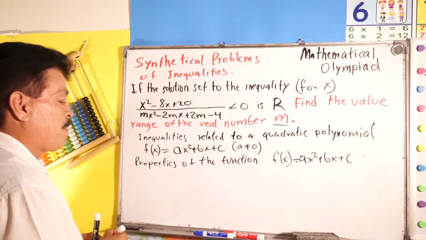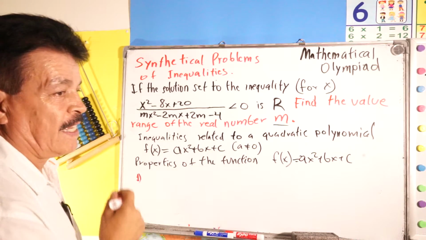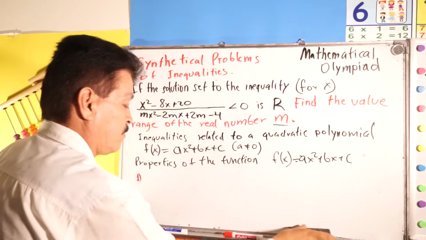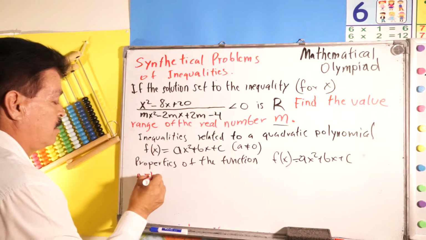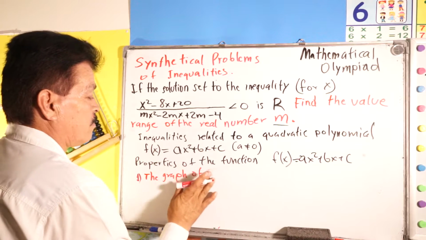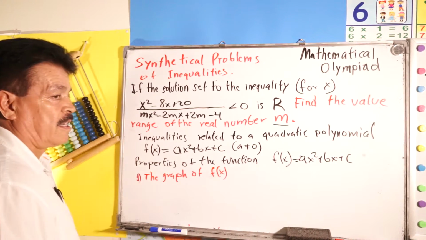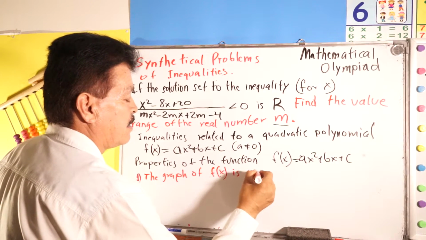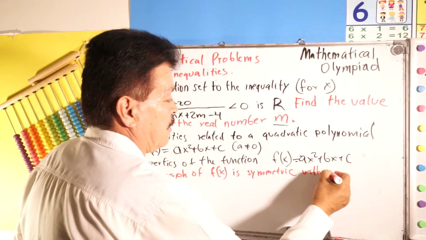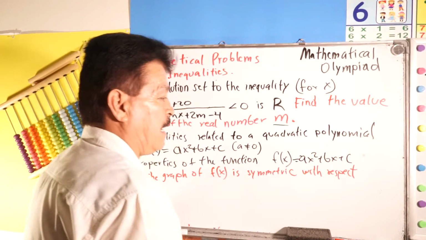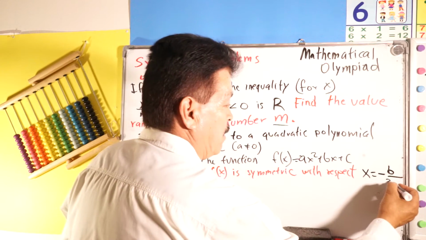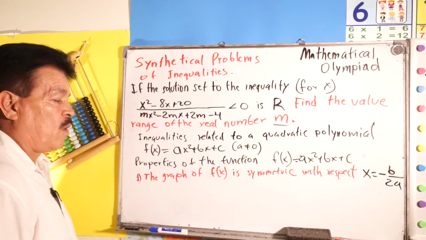Number one, it's very important: the graph of f(x) is symmetric with respect to x = −b/(2a). Okay, this is one property.